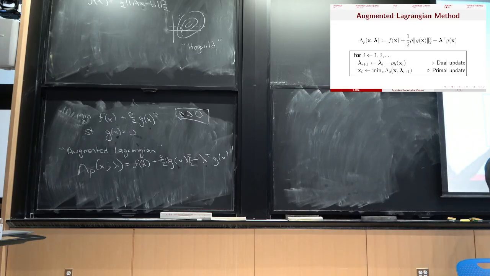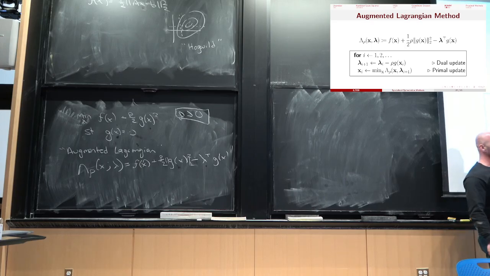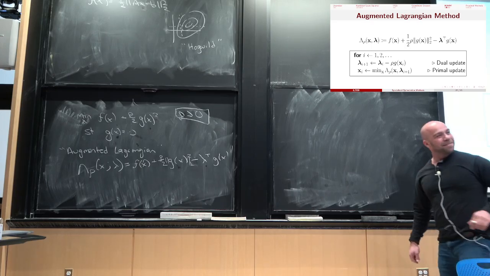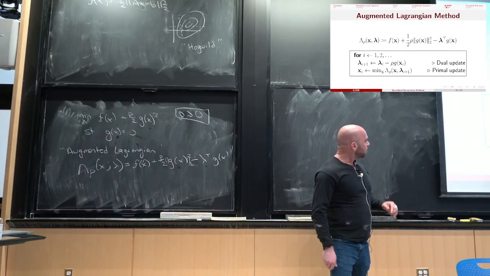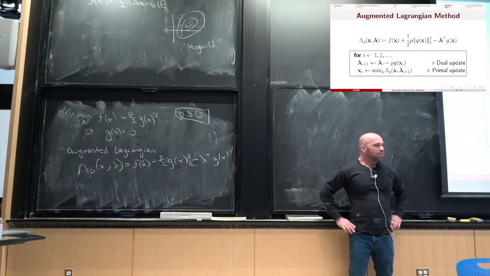So in every lambda step, what does this look like? If I look at the Lagrangian and I look at the step in lambda with x frozen, what is this doing? Yeah, this is a gradient ascent step, right? Because it's a maximization problem in lambda. Okay. And then in every other step, the kind of interesting, weird variation is that you could have done a gradient descent step in x.